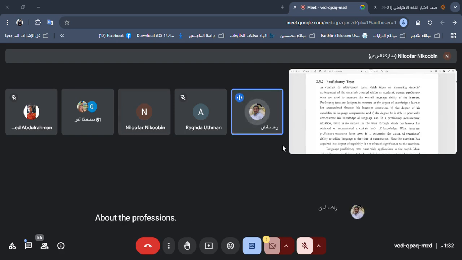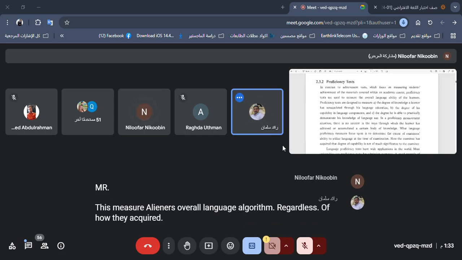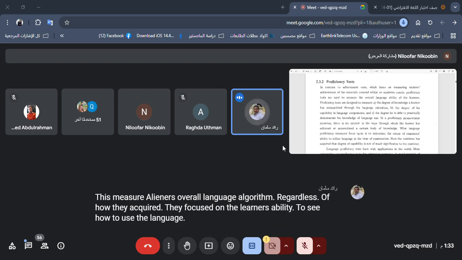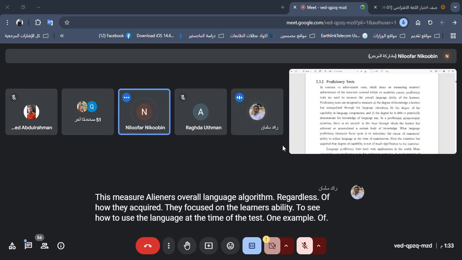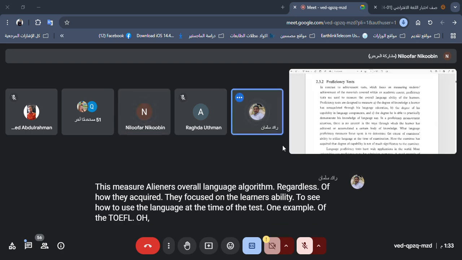About the proficiency test: these tests measure a learner's overall language ability, regardless of how they acquired it. They focus on the learner's ability to use the language at the time of the test. A well-known example is the TOEFL, used for university admissions.